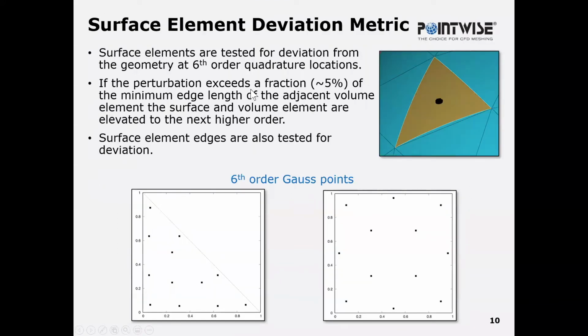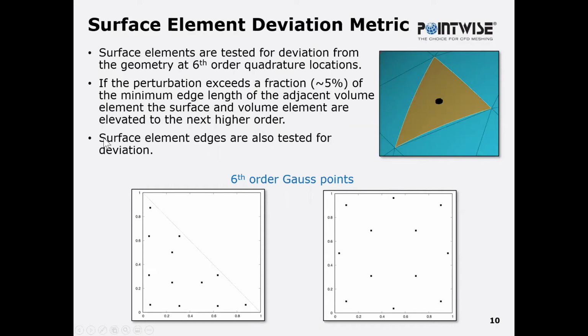The surface element deviation metric is used to determine what order a surface element is going to achieve. It gives a deviation from the actual geometry surface, and the surface elements are tested at the 6 order quadrature locations.